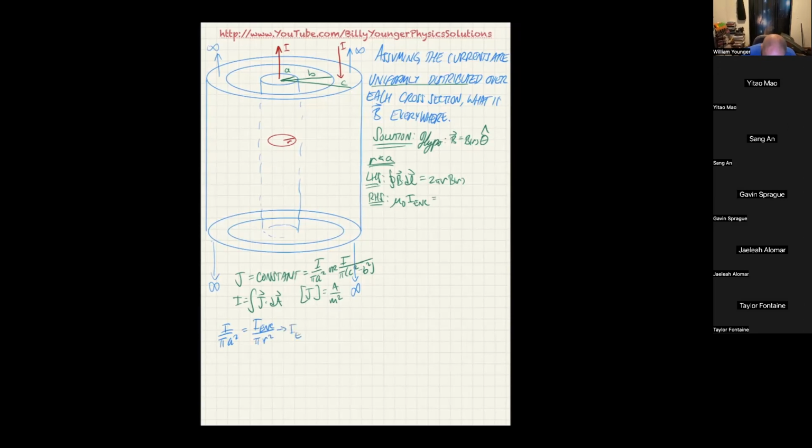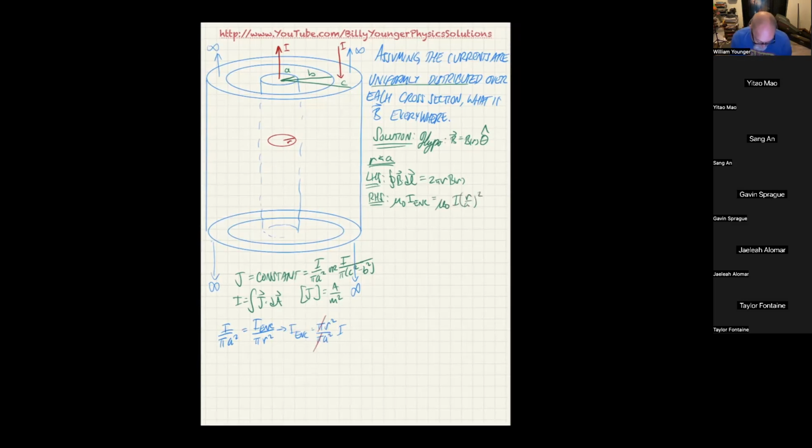So that gives you I enclosed is equal to pi r squared over pi a squared times I. So you can see that basically the pi's cancel out, and I'm going to now get mu 0 I times r over a quantity squared.